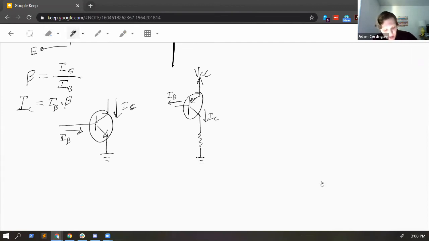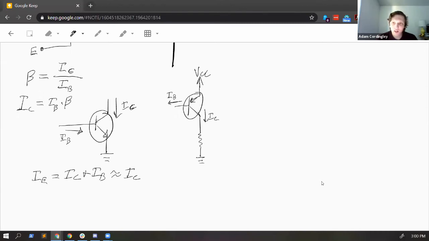Now you can imagine if my base current I base is really, really small, I can make the equivalence of saying, because I emitter equals I collector plus I base, this is approximately equal to I collector.